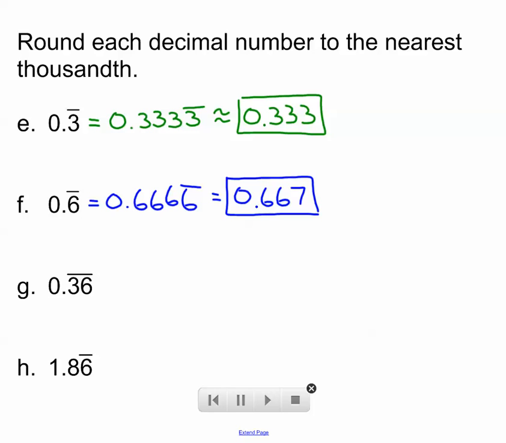Now that this fourth digit is greater than 5, that means I have to round the third digit up to a 7. Next one, the 3 and the 6 are repeating. 3, 6, 3, 6. I need to take it out 4 decimal places so that I can round the third one.